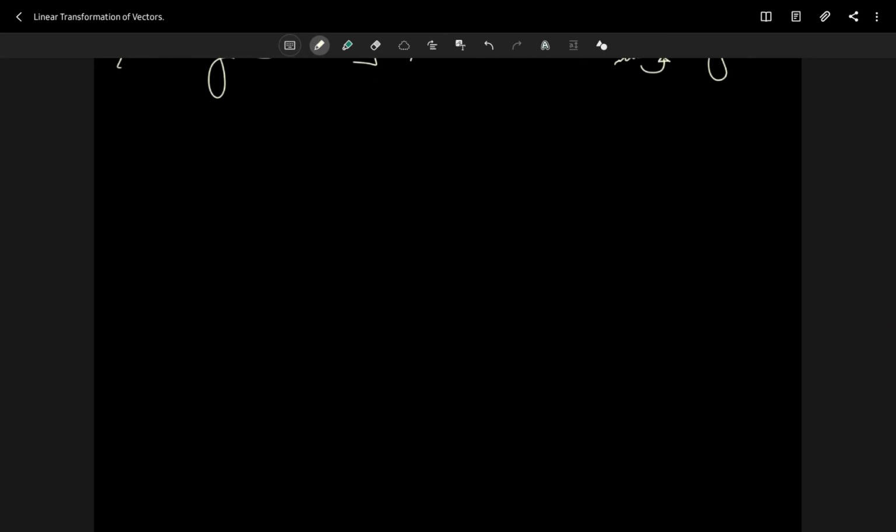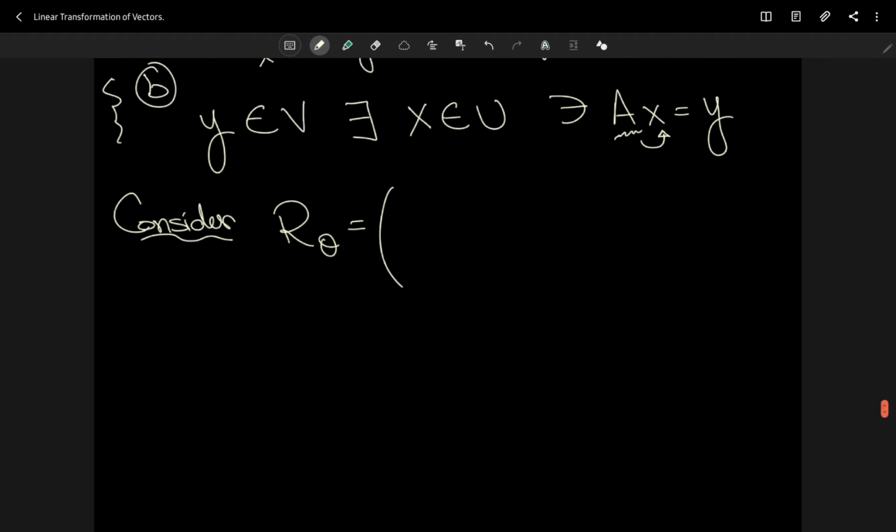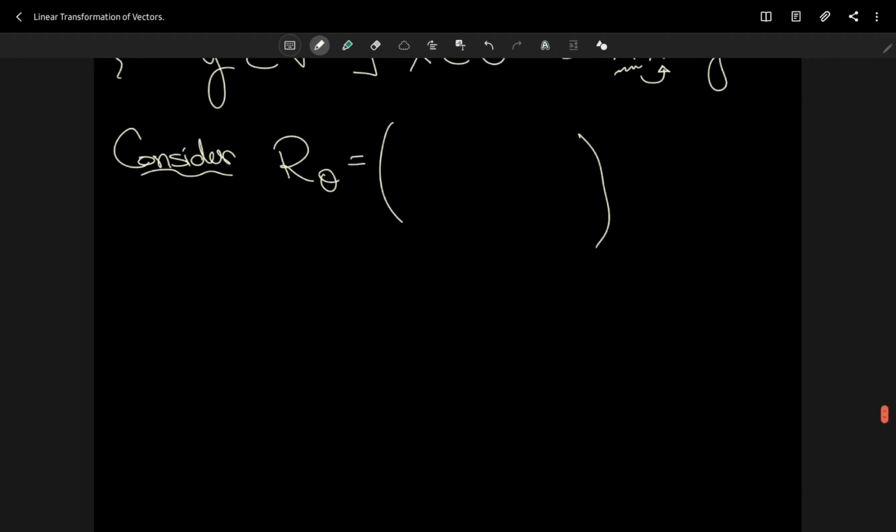So for that, let's go ahead and consider the transformation, that is the rotation one. I'm going to use some funny notation for sines and cosines. I have already mentioned this in previous videos, but I don't know if you remembered it.